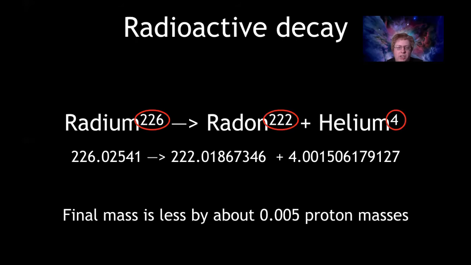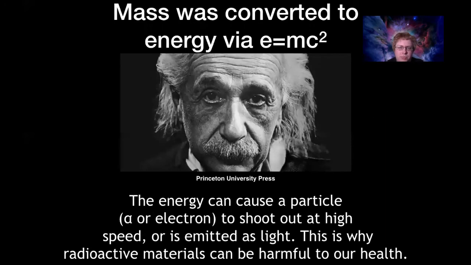It's not exactly the same, because if you look in detail and you figure out exactly how much these nuclei weigh, it turns out that the final mass, the sum of the radon nucleus plus the helium nucleus, is a little bit lighter weight than the original one. In fact, it's lighter by about 0.005 proton masses, so about half of 1% of the mass of a proton.